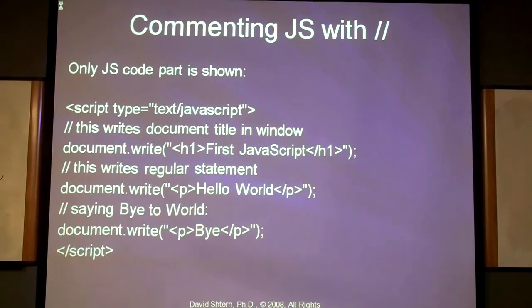Okay, so commenting JavaScript. Commenting the code is a very important aspect. If you're in the business of analyzing or testing JavaScript code, and you open the file and see a lot of JavaScript statements and absolutely have no idea what's going on, it most probably means that the code is not commented.